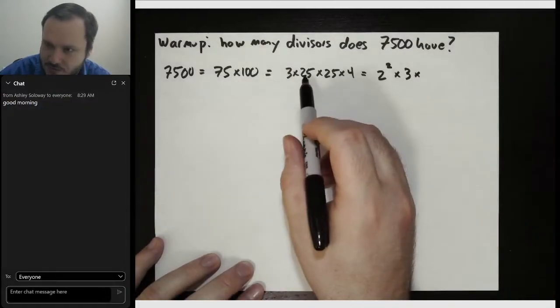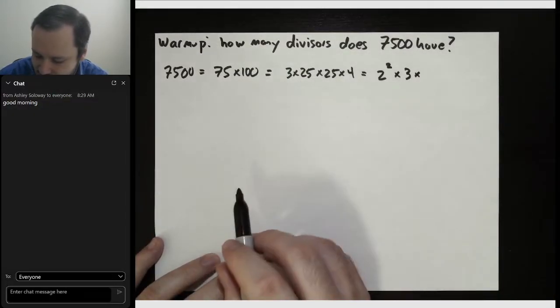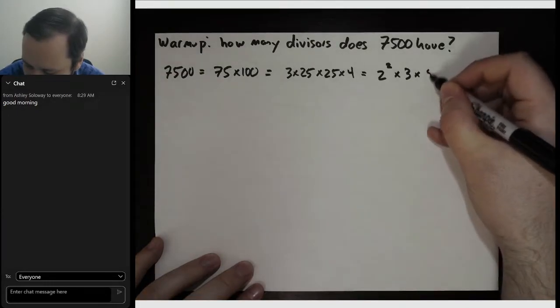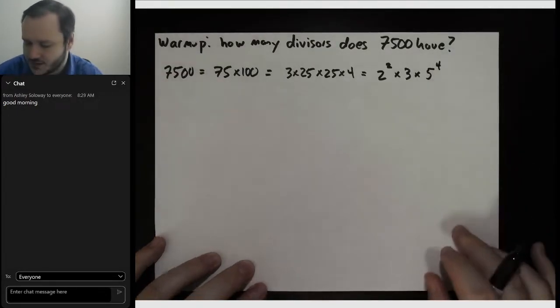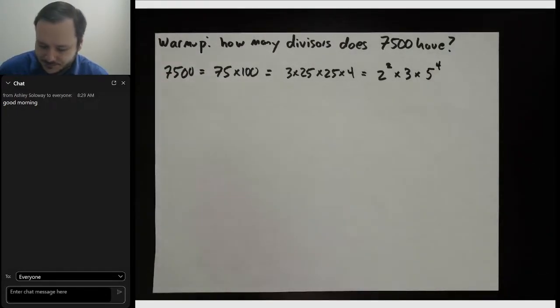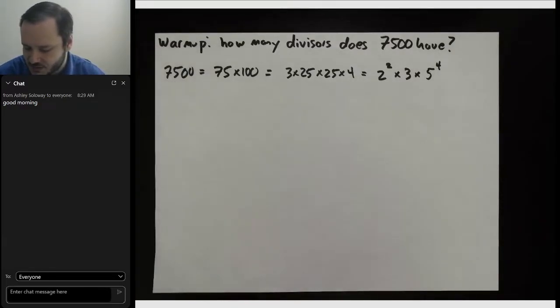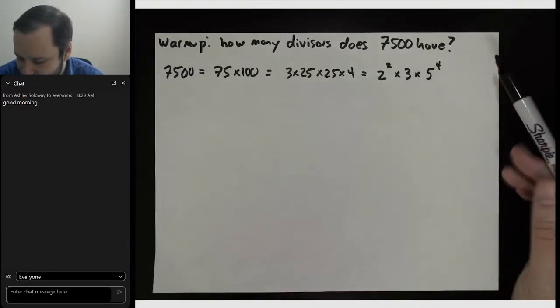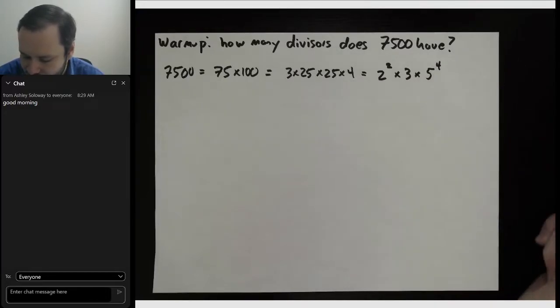And then 25, each one of these 25s is a 5 squared, giving me a total of 4 copies of 5. So I've done my fundamental theorem of arithmetic. I've factored my 7500 down into prime factors.